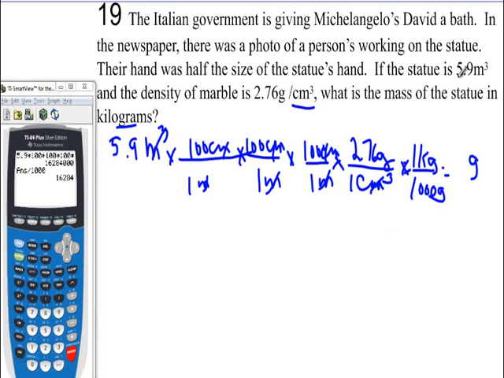I only have two sig figs here, so that's going to limit me, and I end up with 16,000 kilograms.